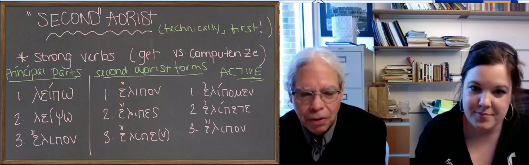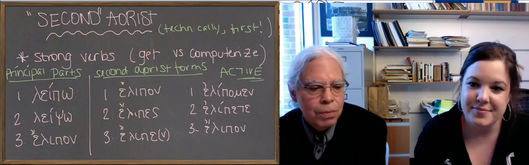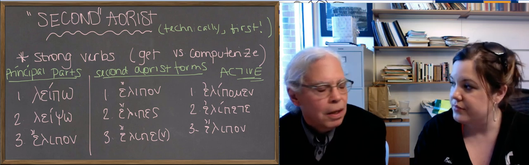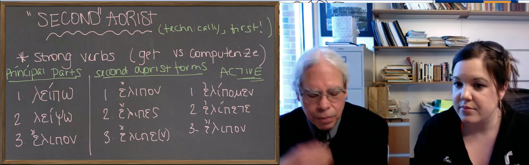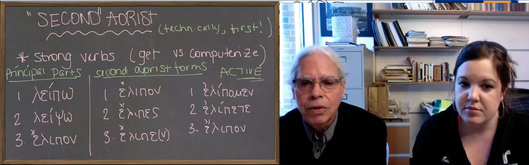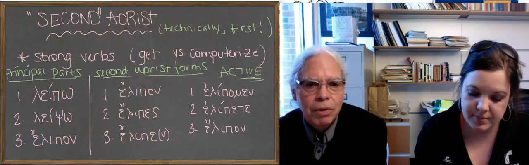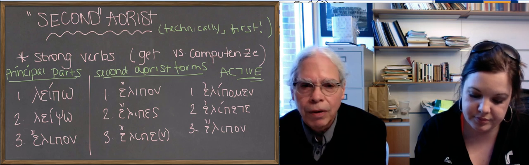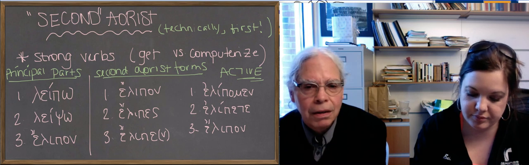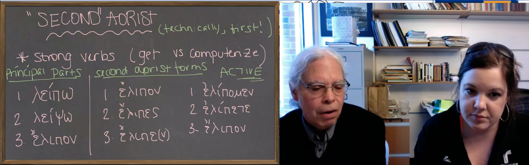It's just an aorist. But certain verbs have an older form of the aorist than the SA, which is the newer one. So it's like the strong verbs in English. There's verbs like get, in which the past is got, in which you change the E vowel to an O vowel, or see and saw, or write and wrote. So it's the so-called strong verbs.